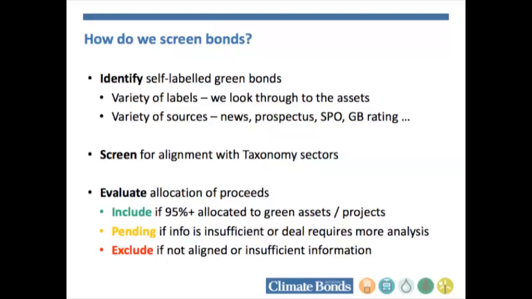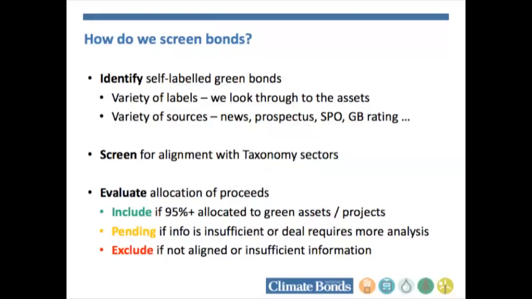Essentially, what we want to ensure is that the issuer has gone to the trouble of labeling the bond as green, and it is therefore visible to the market, as the issuer is seeking to show that the assets and projects they're financing are climate aligned. We then screen for alignment to the taxonomy sectors, and I'll come back to this. And we evaluate also the allocation of proceeds.